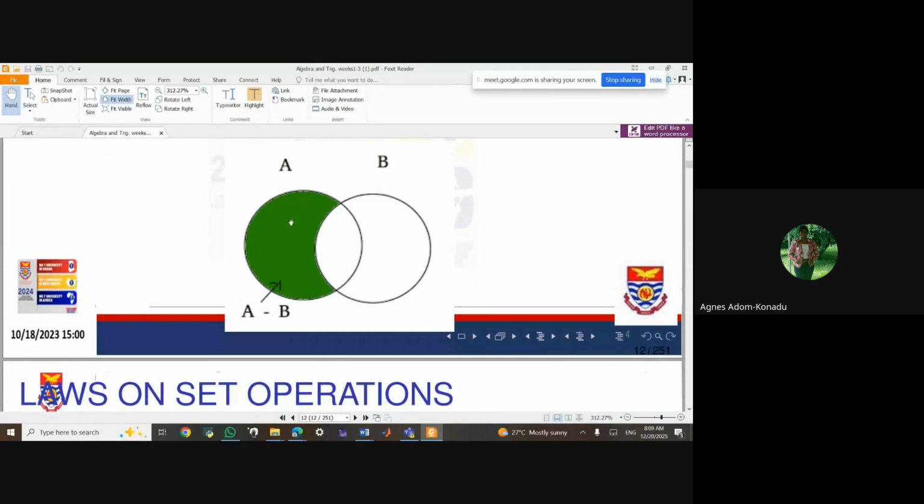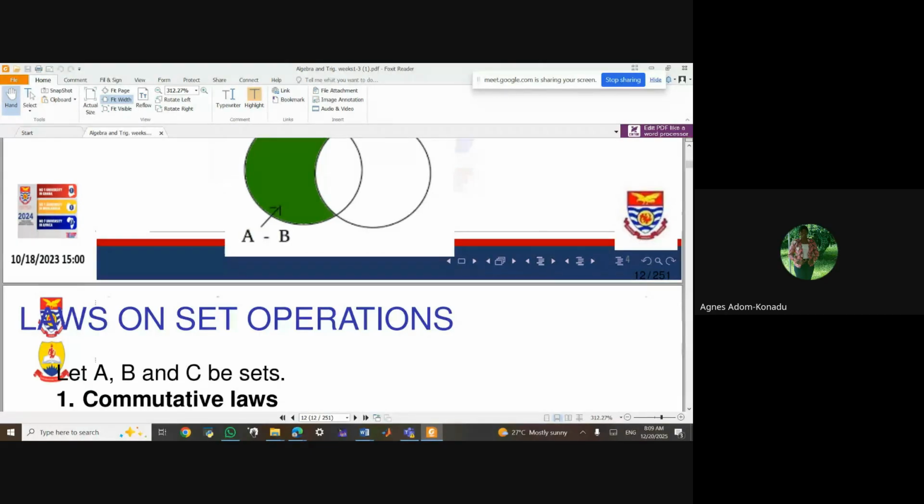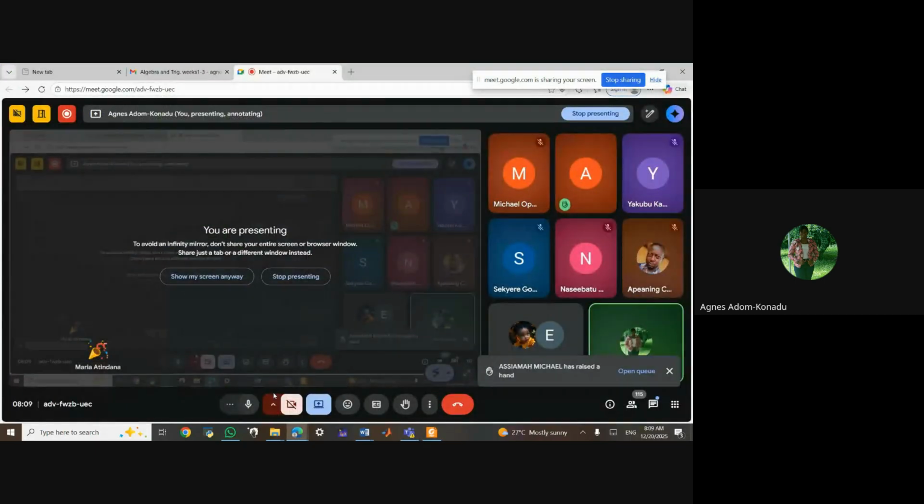So when you take the diagram like this, then my A difference B will be the set, excluding the intersection, of elements that are in only A. Okay, Michael, your hand is up again. Looking at A difference B, can we also say that A difference B is the same as B complement?